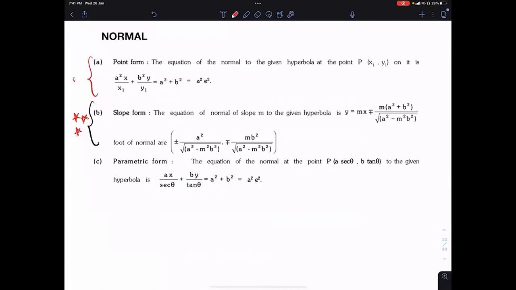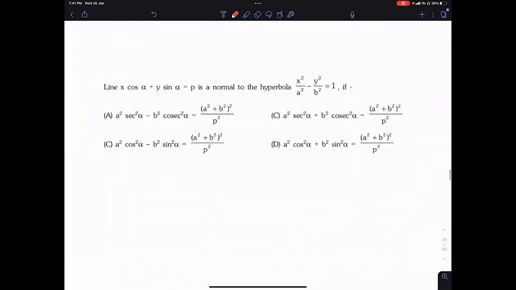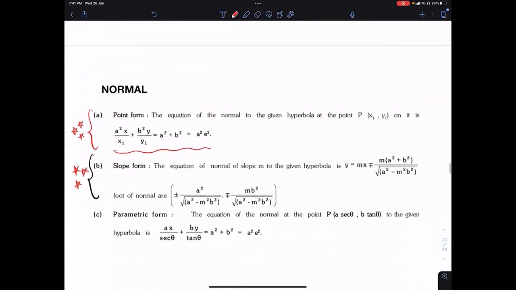If any point is given directly, you need to write the normal of the hyperbola. Then it is like this.